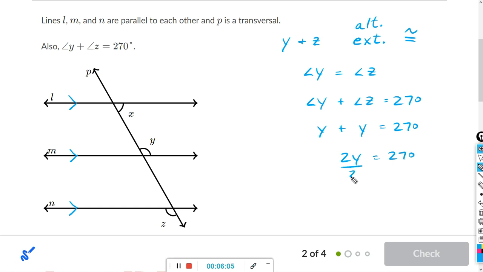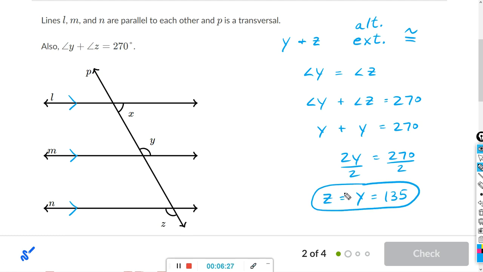Dividing both sides by 2, the 2's cancel, and y equals 135. But we also said that y equals z. So we can say that z equals y equals 135.